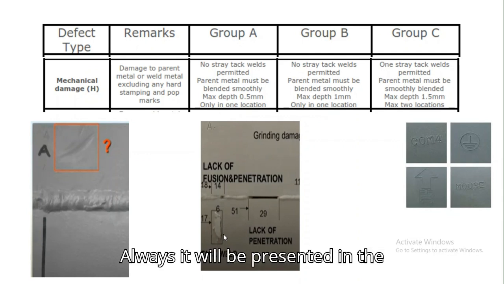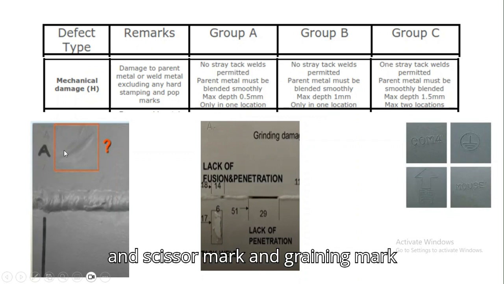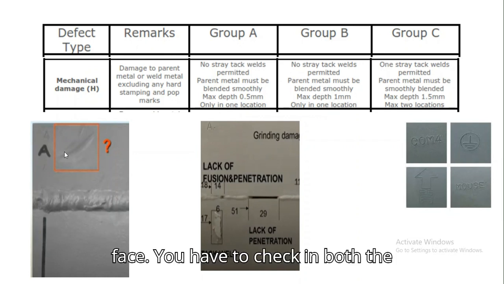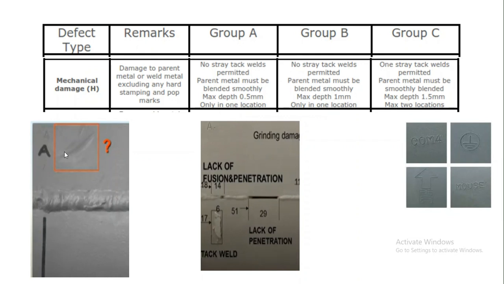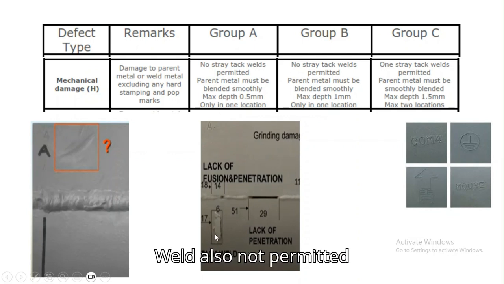Always it will be present in the root surface. And chisel marks and grinding marks will be on either side, root or face. You have to check both surfaces. In group A, tag weld is not permitted. A single tag weld is also not permitted. Directly you can reject it.